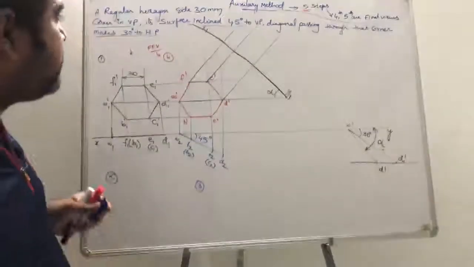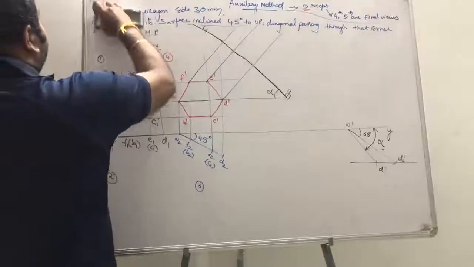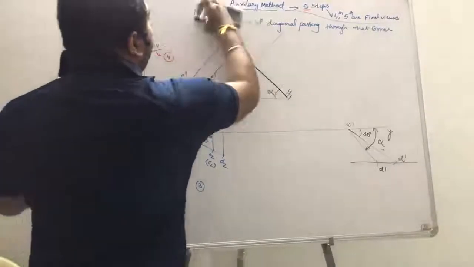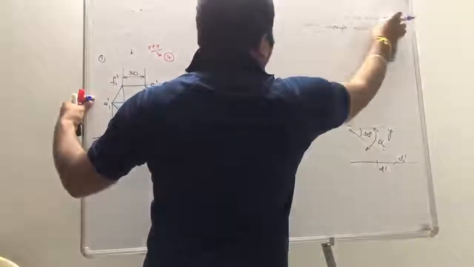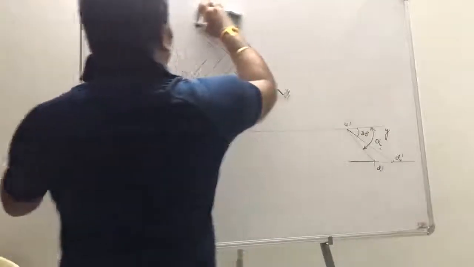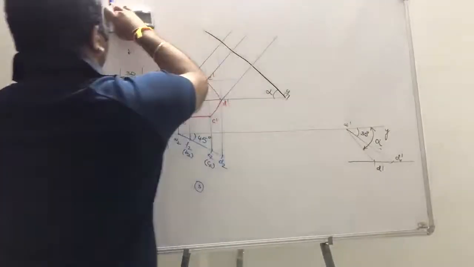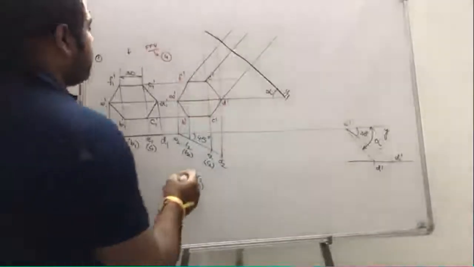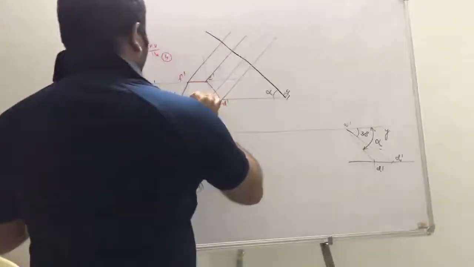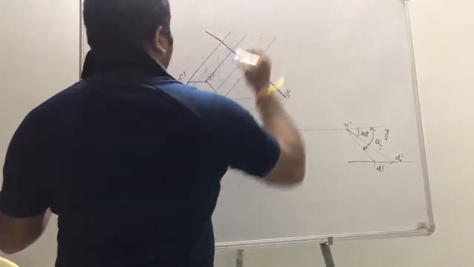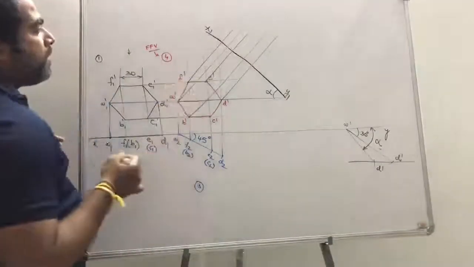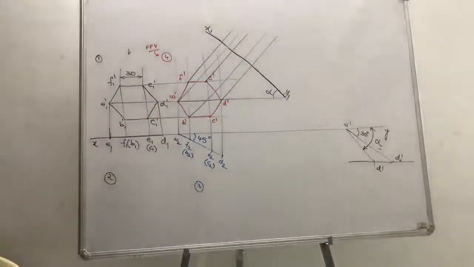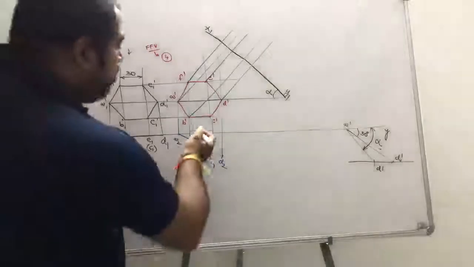So for my convenience, I am just raising this problem, which you already noted. Draw the perpendicular projectors, and now you are supposed to take the distances from the old reference line.